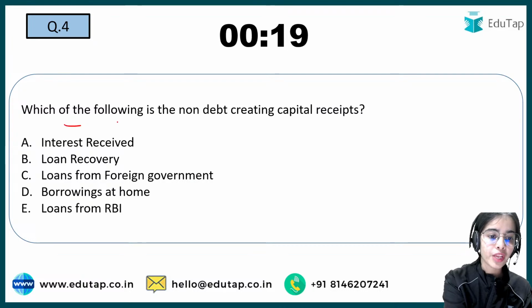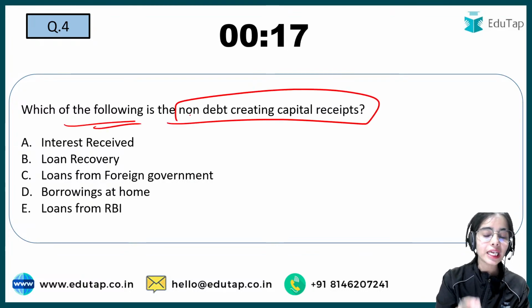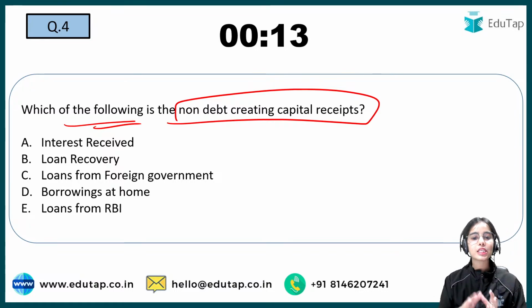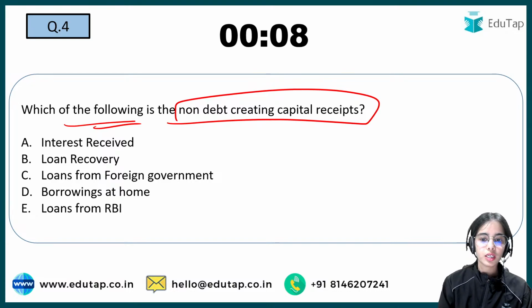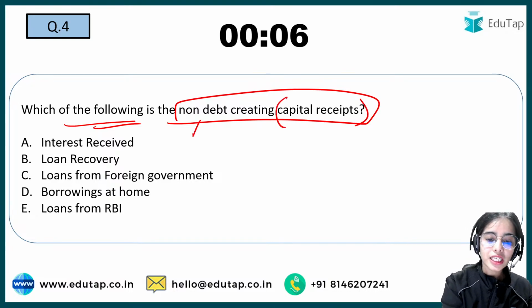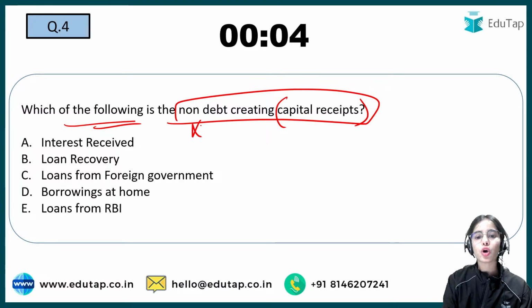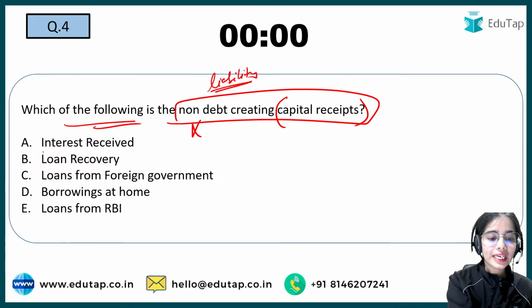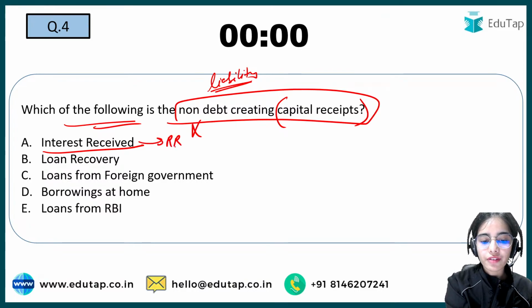That is the idea. Which of the following is the non-debt creating capital receipt? That you have to tell me. So it is a capital receipt that is not creating the debt, that is not creating the liability. Okay. So interest received, first of all, is a revenue receipt.